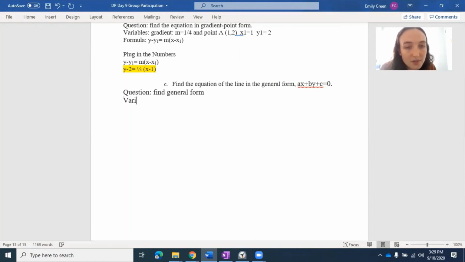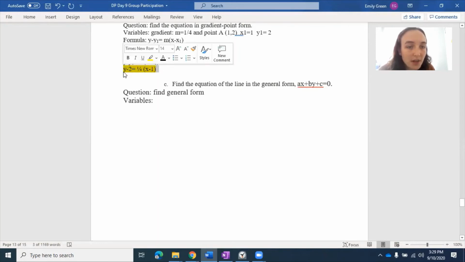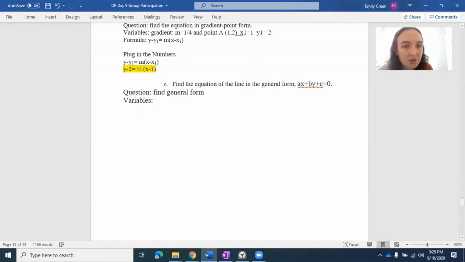The variables that we have, but we don't really have variables so much as we have another equation. So we're actually going to use this. We're going to use the gradient point form that we had from part B. And that's going to be something that we use as our variables because it tells us that m equals 1/4.